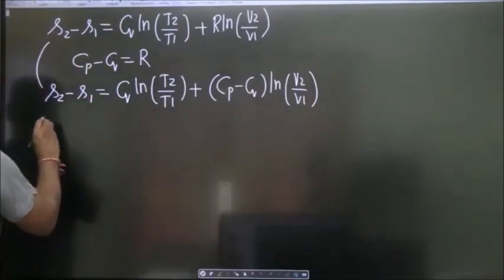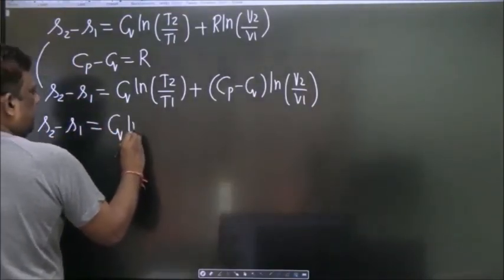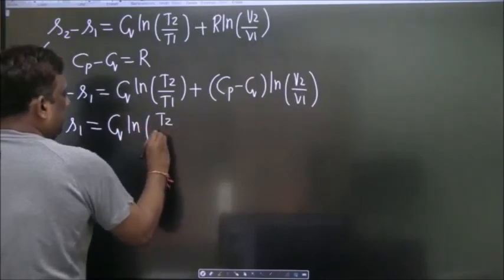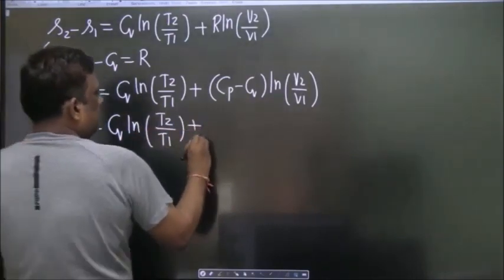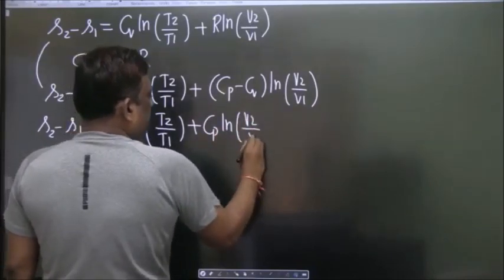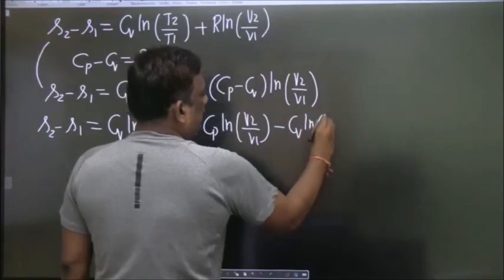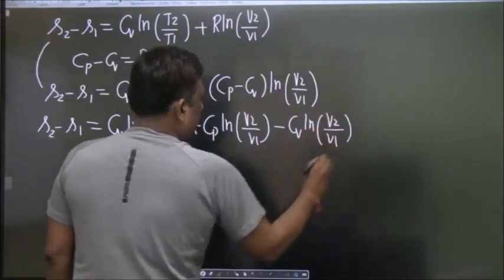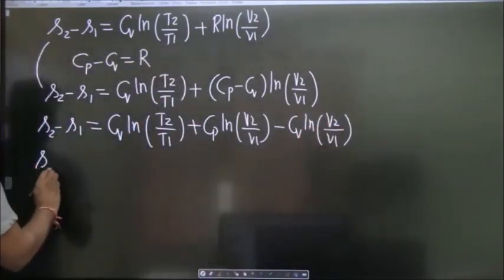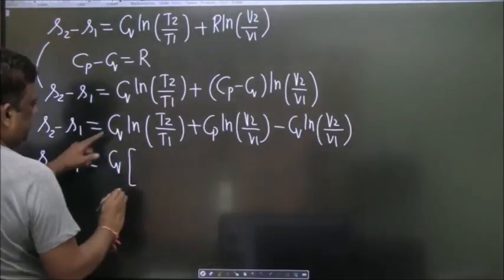Absolutely. So s2 minus s1 is equal to Cv ln T2 by T1 plus Cp ln V2 by V1 minus Cv ln V2 by V1. Absolutely fine. Let us take Cv common.